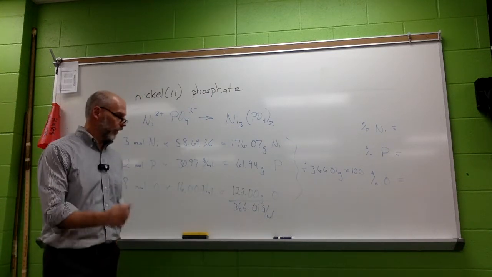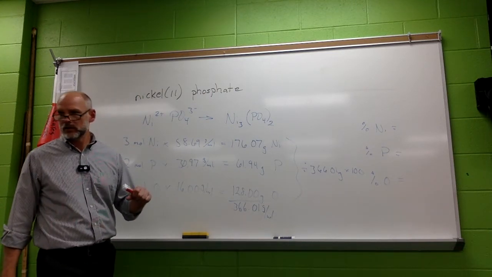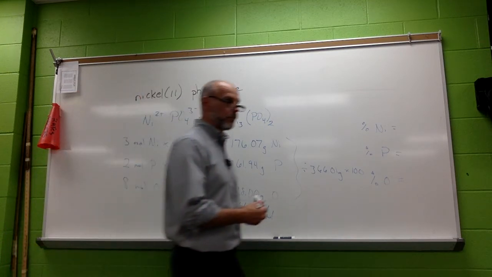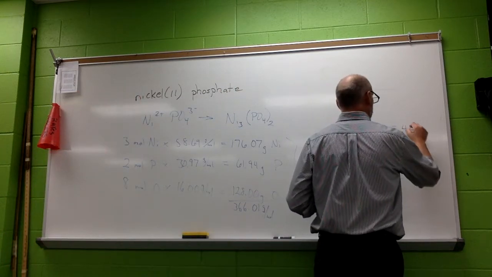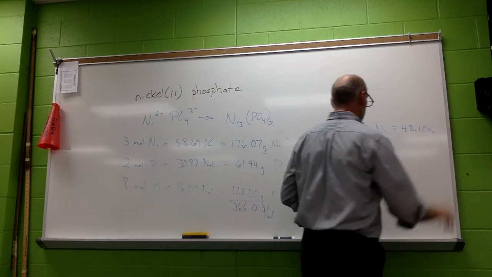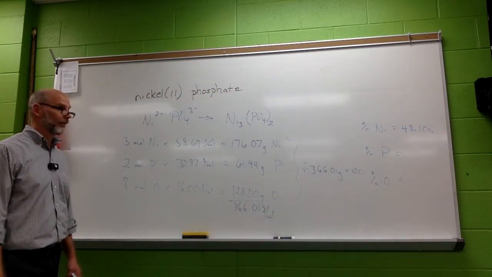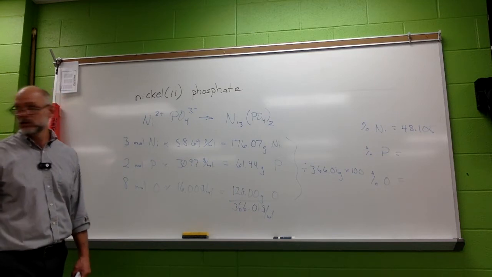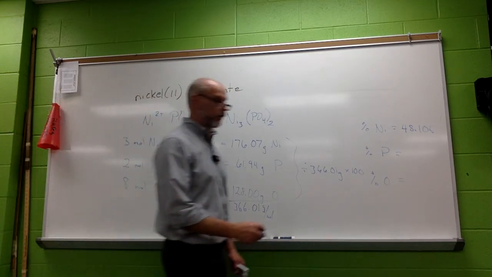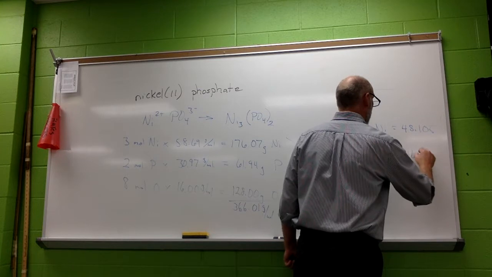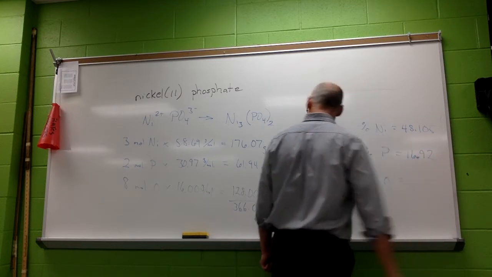Nickel, anyone? It's going to be around 50. 48 point what? How about phosphorus, which is going to be right around 16-ish. 16.92. Nice. We'll talk about that later.